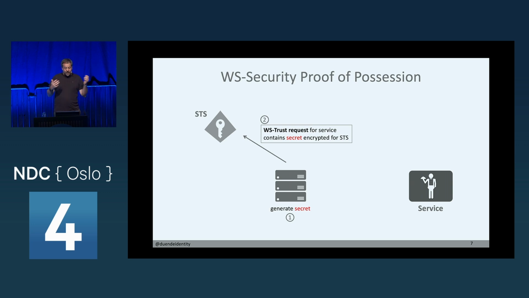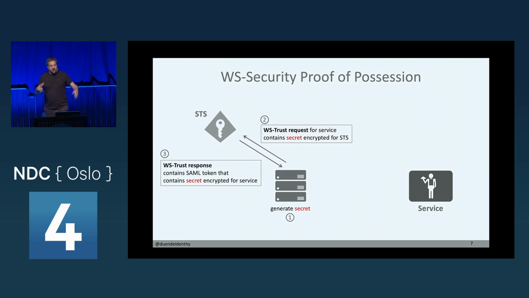Okay, and then when the token service returned you back the token, basically what it did is it created a SAML token, and then encrypted that SAML token for the ultimate recipient. Okay, and then when you got that token, you forwarded it to the service, and then you signed your token or your XML body with the secret inside the SAML token.